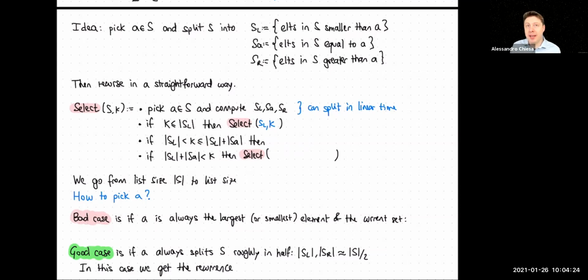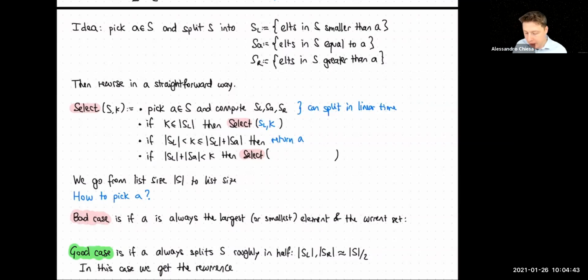I should just return A, right? I could return SA, but SA is just A. I just return A. This is just telling us that K has landed in the middle of A's. So here I return just the element A.